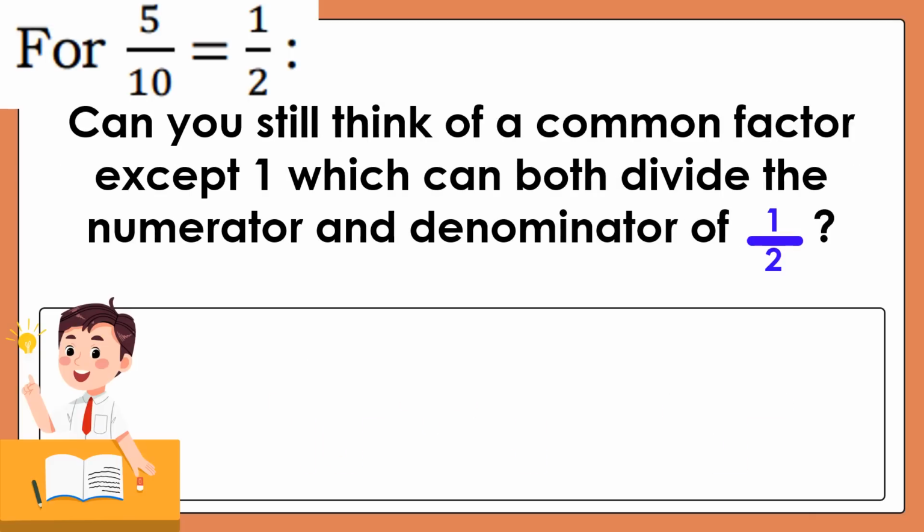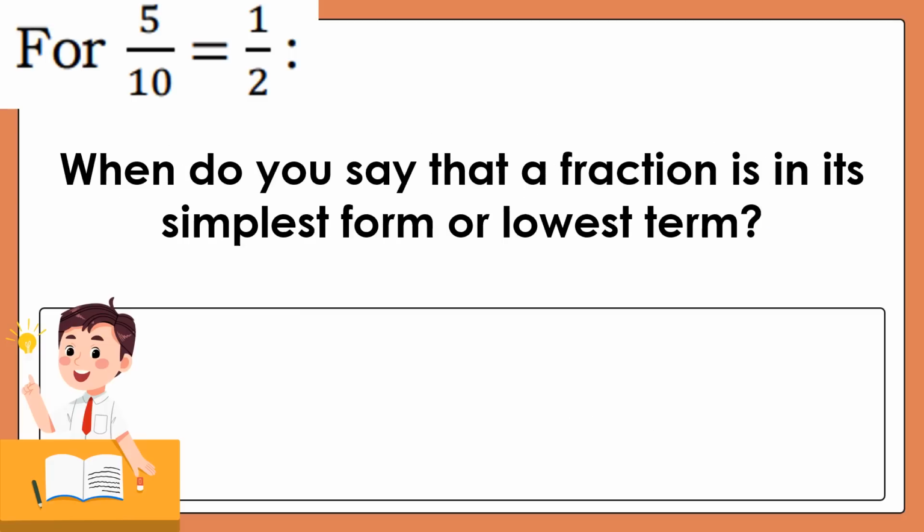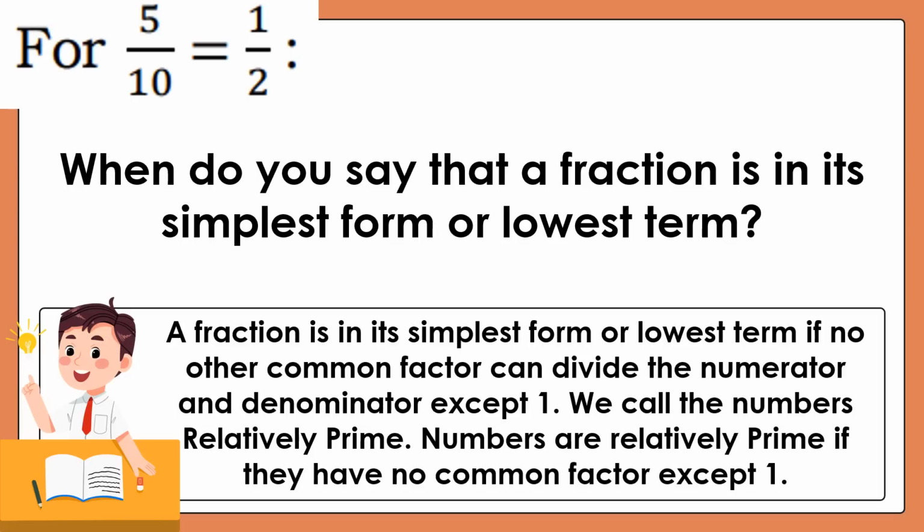Can you still think of a common factor except one which can both divide the numerator and denominator of 1/2? The answer, none. When do you say that a fraction is in its simplest form or lowest term? The answer, a fraction is in its simplest form or lowest term if no other common factor can divide the numerator and denominator except 1.